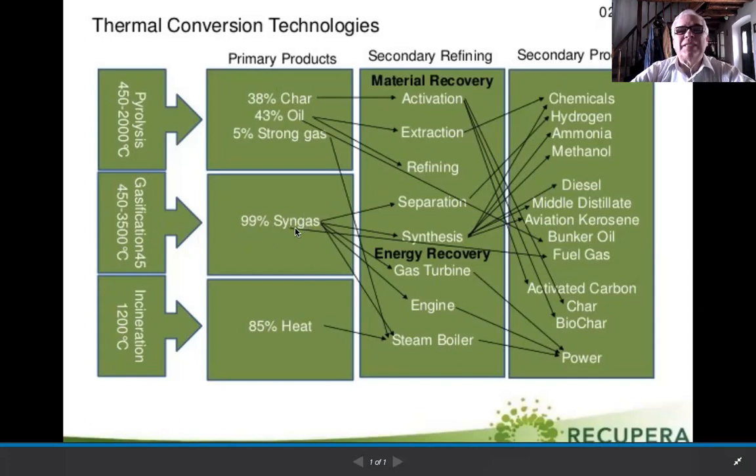What you can do with syngas, the simplest thing is just to separate the gas. If you separate the gas, you will have on one side hydrogen and on the other side carbon monoxide that you can send to chemical synthesis. That is the separation. But as the name says, syngas, gas for synthesis, you can do chemical synthesis.